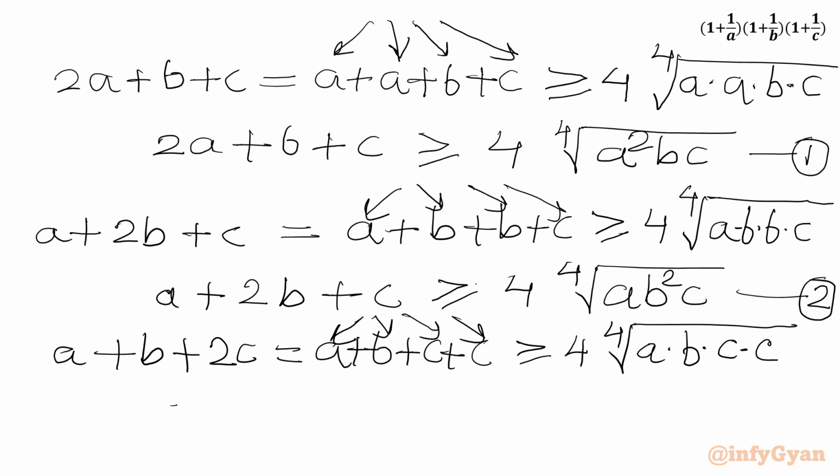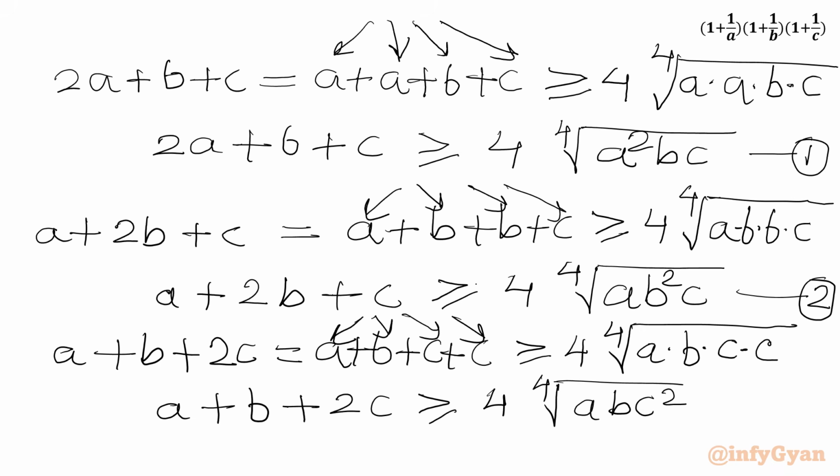So we will write our third inequality A plus B plus 2C greater than or equal to 4 times fourth root of ABC square. Let's say this is inequality number 3.